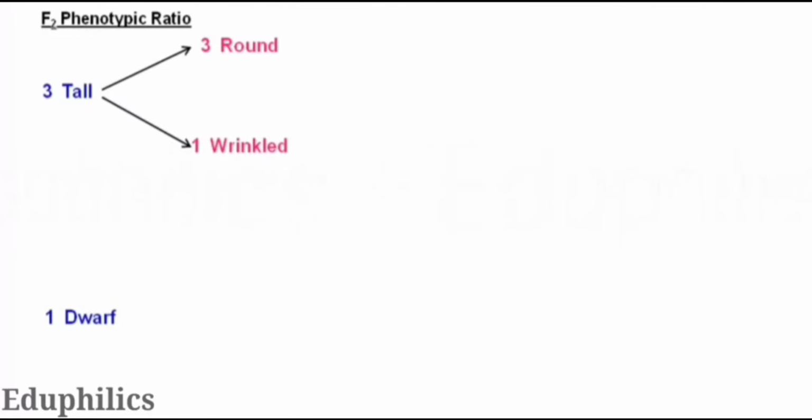Let's consider the first trait, tall is to dwarf, in the ratio of 3:1. Now this tall plant may inherit round seeds or wrinkled seeds. If the seeds are round, they may have yellow or green cotyledon.